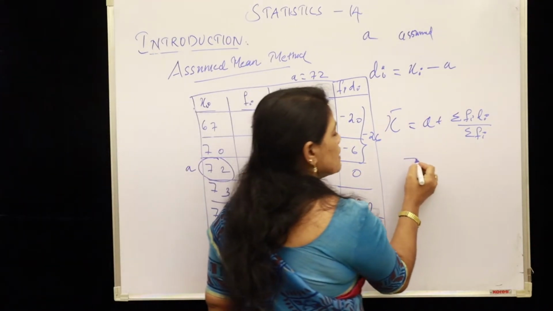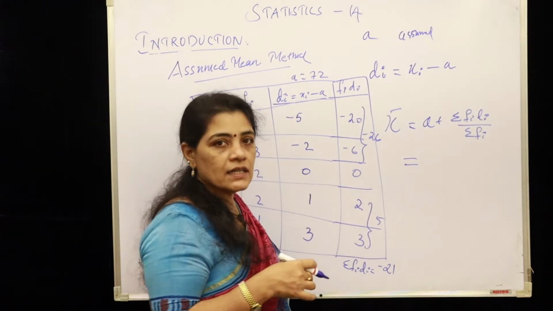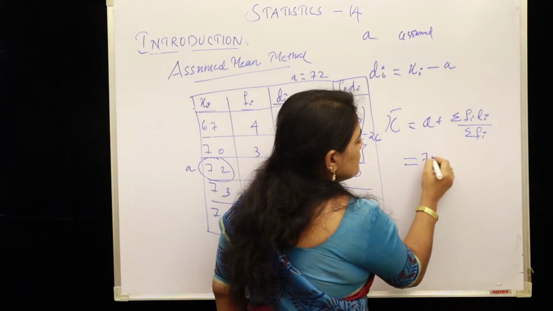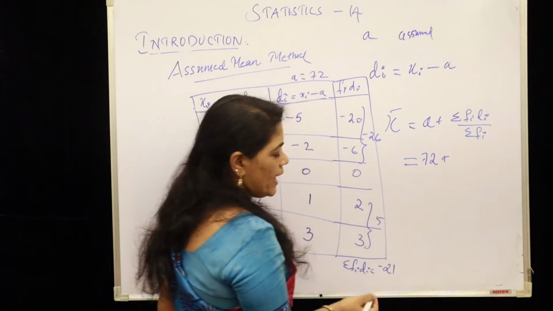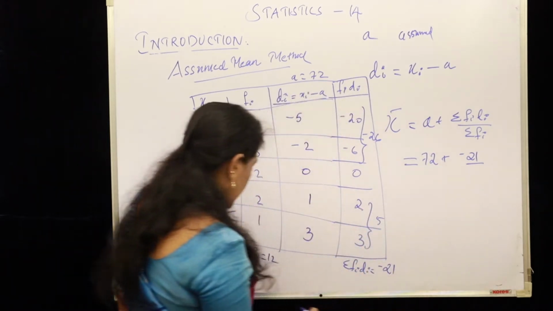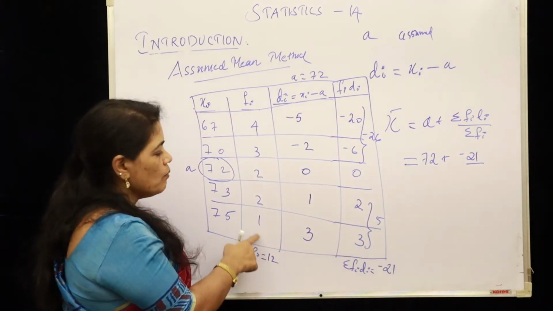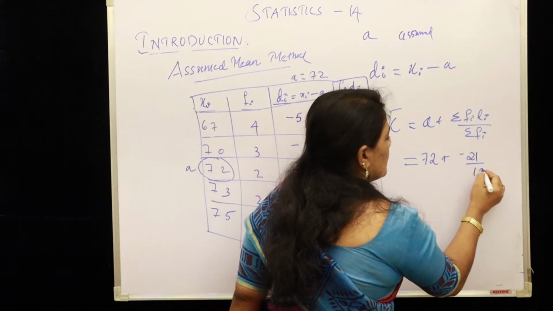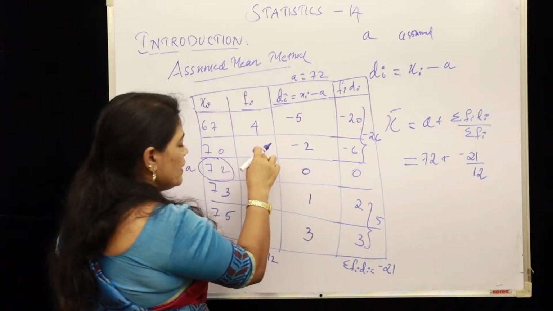Now we can substitute in this formula. A we have chosen as 72, plus sigma fi di negative 21, divided by 12, the sum of the frequencies.